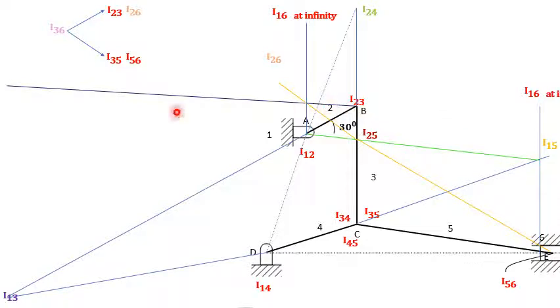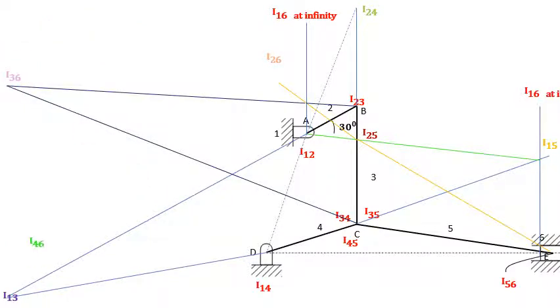Connect these two points and extend the line till it reaches the previous line. This intersection point becomes I36. Okay, this is I36.